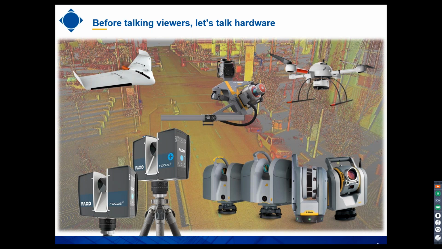We have, for example, terrestrial scanners such as the Pharos and Trimbles. For UAVs, we have photogrammetry or LiDAR-based solutions such as the UX11 and micro drones. And finally, we also have some mobile mapping equipment. Here in the middle, we see the Trimble MX9. Those solutions can all provide point clouds.